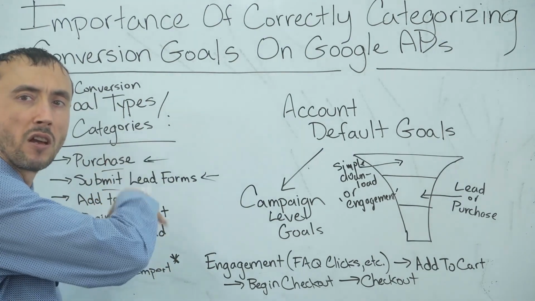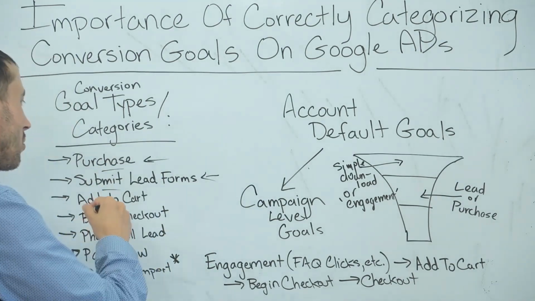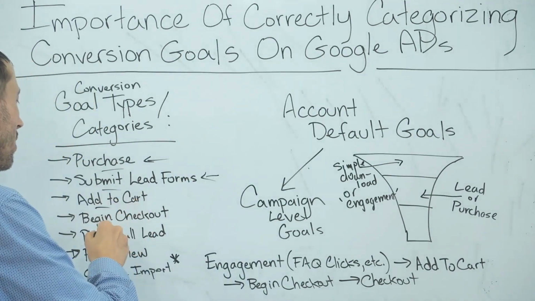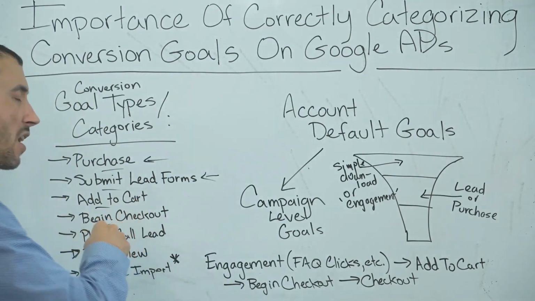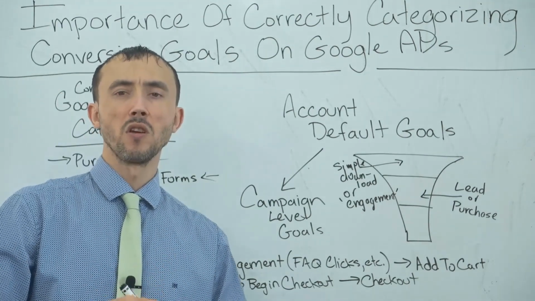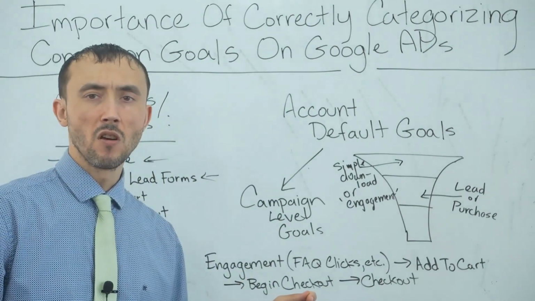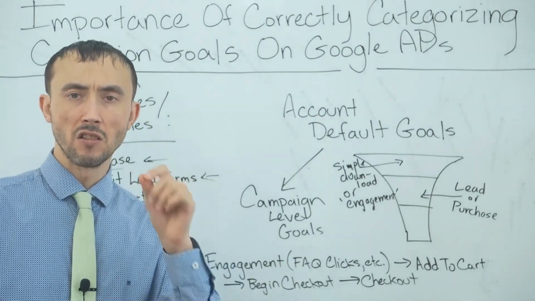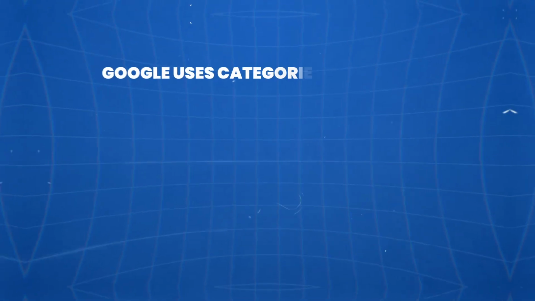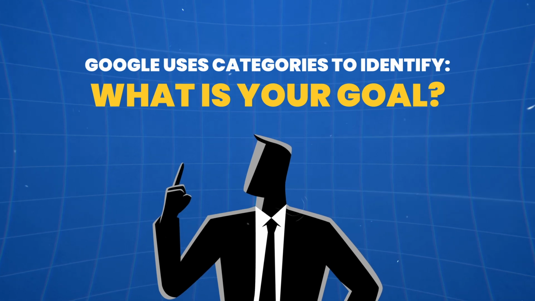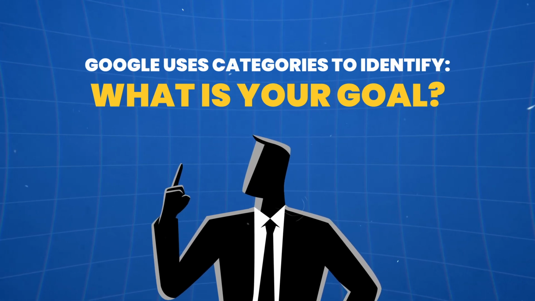These are real category goals that Google uses to categorize conversion goals. There'll be a category for add to cart, begin checkout, and depending on, of course, what you've set up, they categorize it as such. The reason why I made this video for you is to understand that Google uses these categories to identify what the goal that you have actually is.